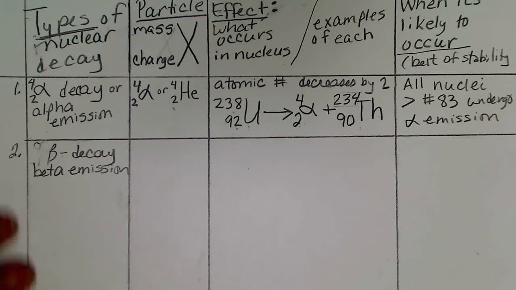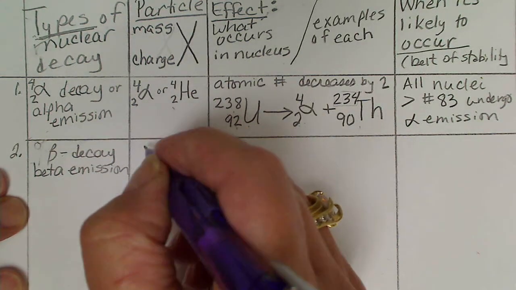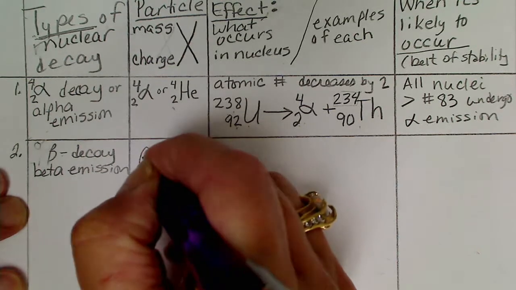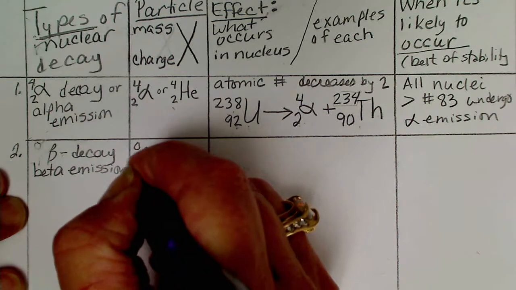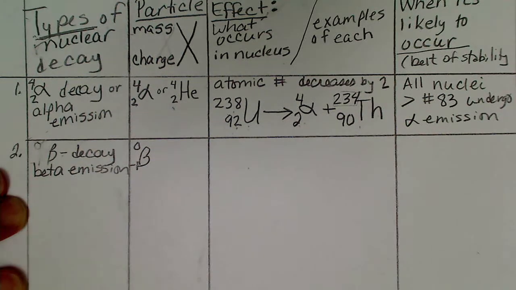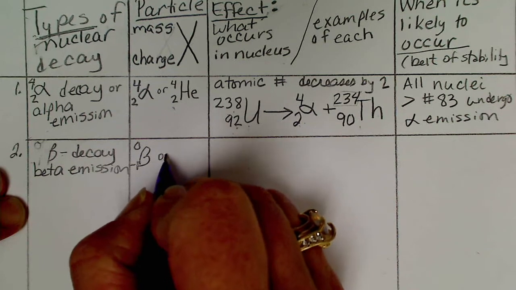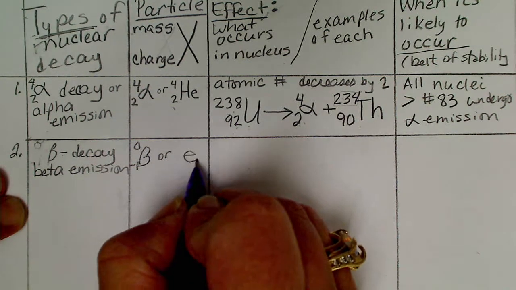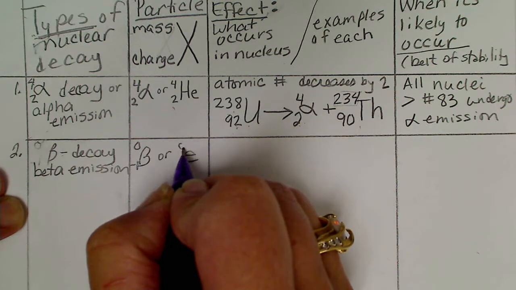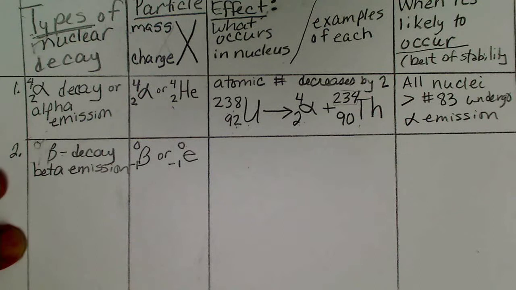So this is when a nucleus emits a beta particle. So that particle, beta, has a mass of 0, a charge of -1. And since that's exactly what an electron has, we could also write the symbol for an electron. So mass of 0, charge of -1.